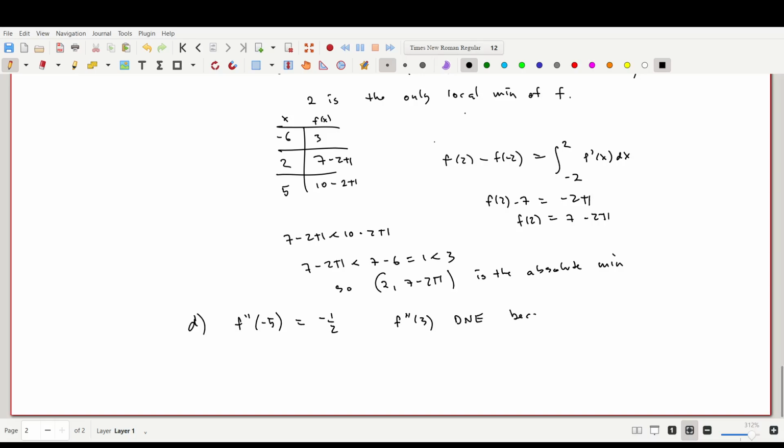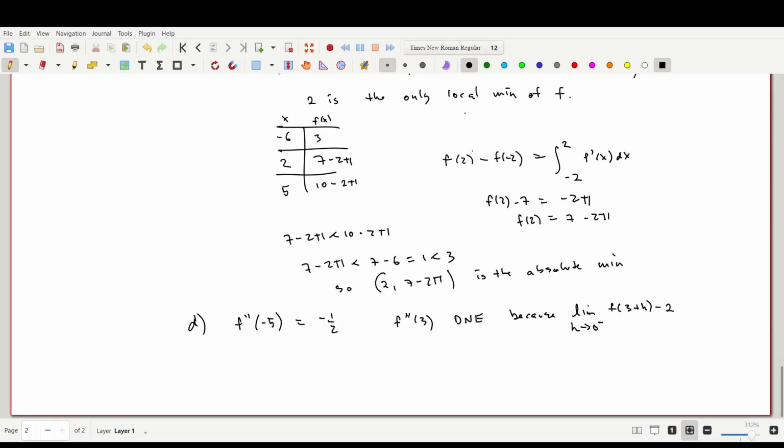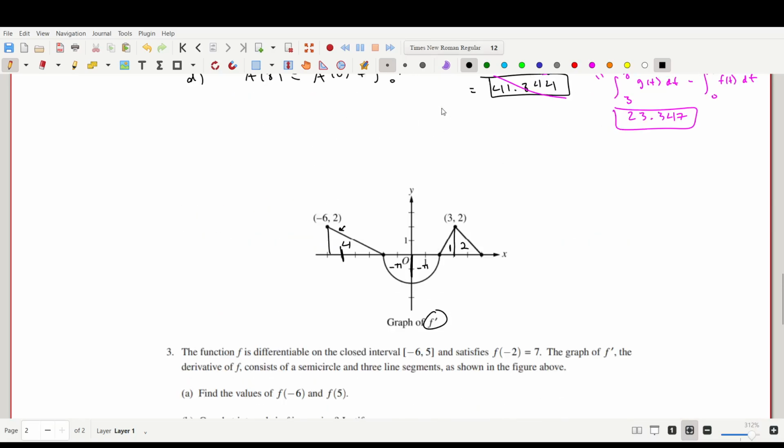The limit as h goes to 0 from below of f of 3 plus h minus f of 3 over h is going to be the slope on the left, which is 2.